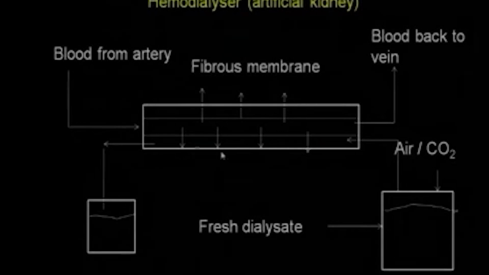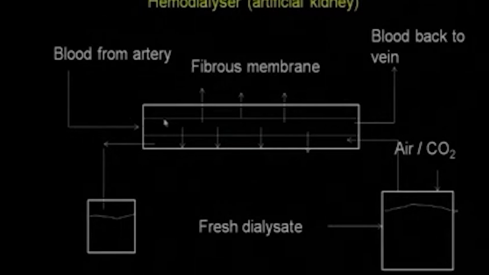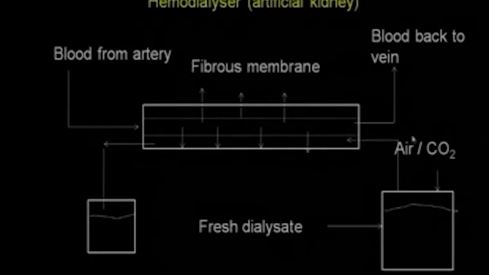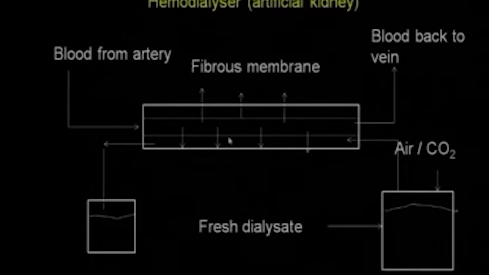So what is hemodialysis? There is a membrane, a long tube fibrous membrane, and then you have something called a dialysate, a fresh dialysate, which is nothing but salts and water. It is flowing because you apply some air pressure. Now the blood from the artery, that means from the patient, goes through this fibrous membrane.